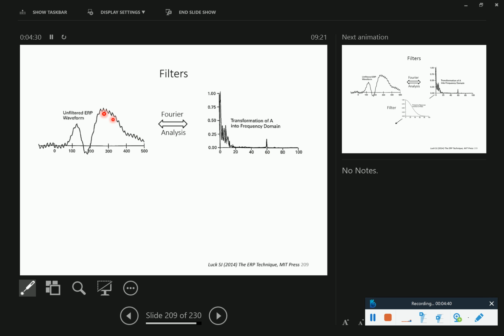If you look at this, any idea what this peak at 60 Hertz might refer to? Any intuition?